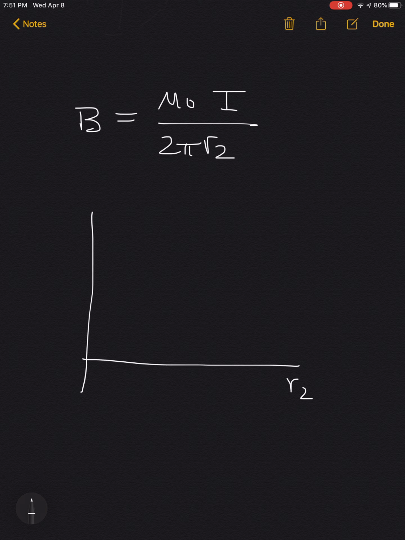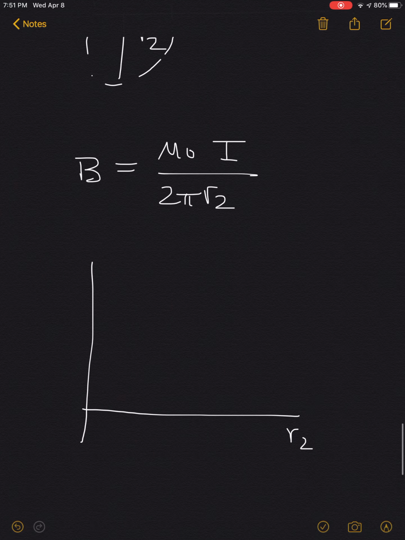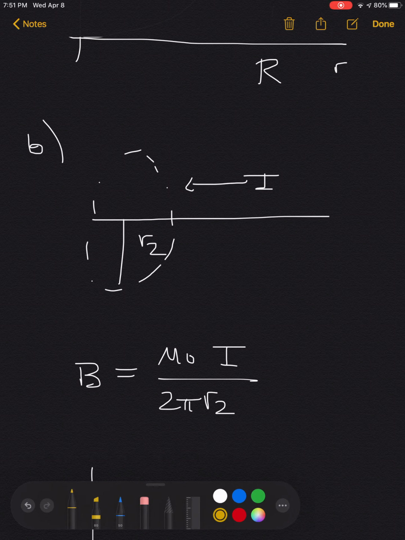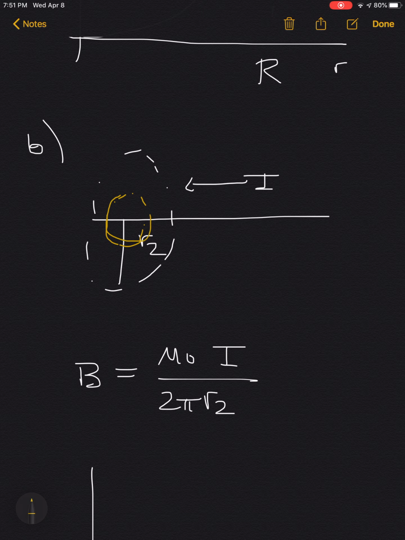This is R2. Now in this case, the wire that we're considering, basically this is the distance from the center of it. So just to make it relevant to our problem, this thing could have some size like this.